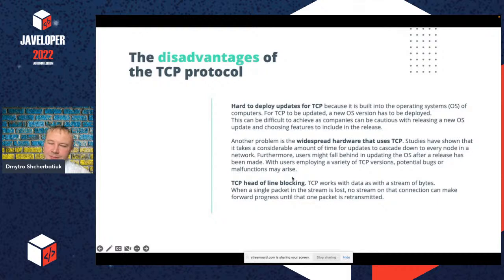What does it mean? It means, for example, TCP has one physical channel, and we send data to this channel, and TCP guarantees to deliver these packets to the target.